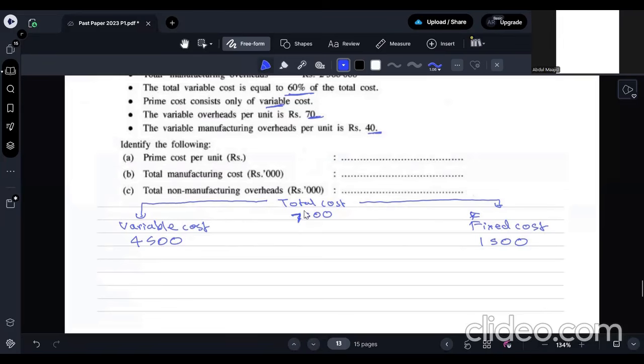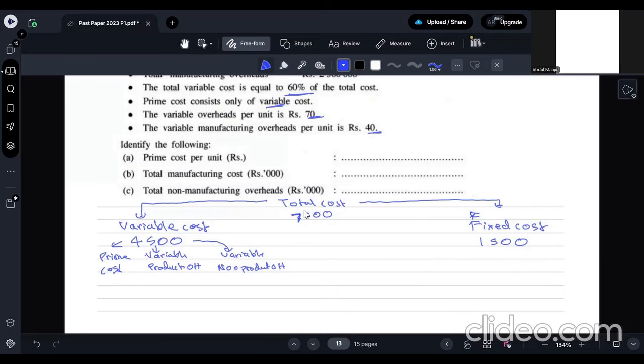Now the variable cost you can divide into 3. The prime cost also consists of only variable cost. Then prime cost is part of total variable cost. Then you will also have manufacturing variable cost, right? So apart from the prime cost, you will have variable production overhead, and also you will have variable non-production overhead.